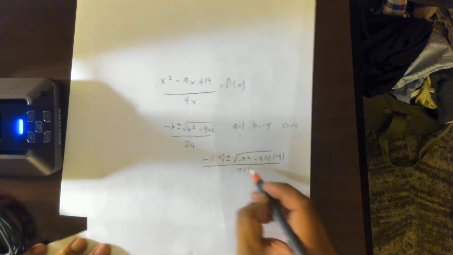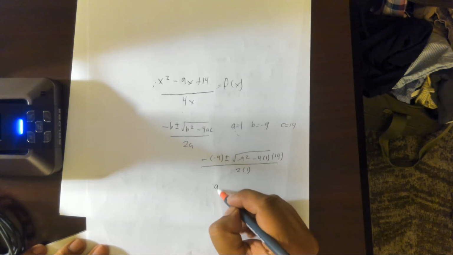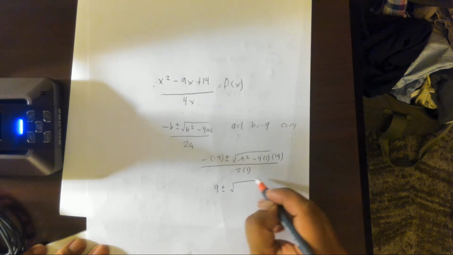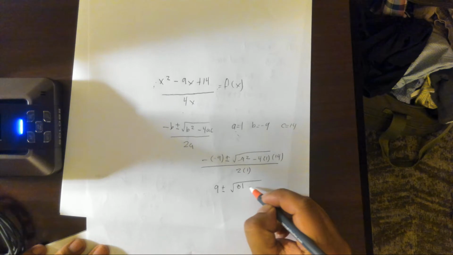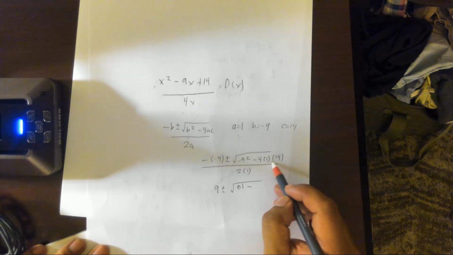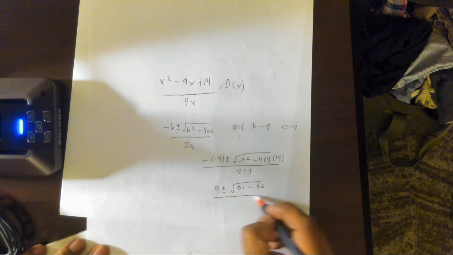So if you solve for all this, negative 9 is going to be positive 9, plus or minus, negative 9 squared is 81, minus 4 times 1 times 14 is 56, all over 2.